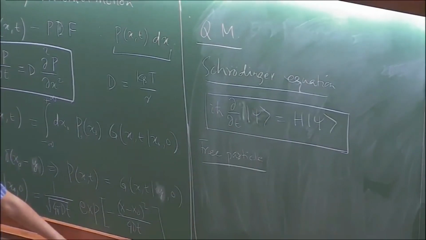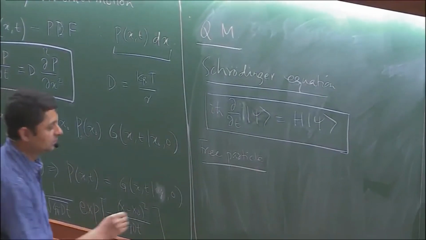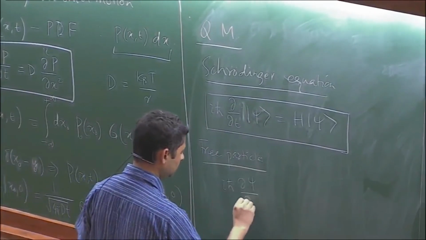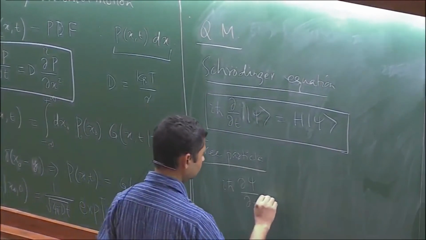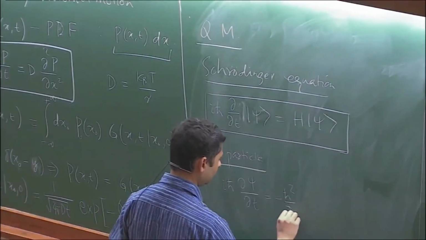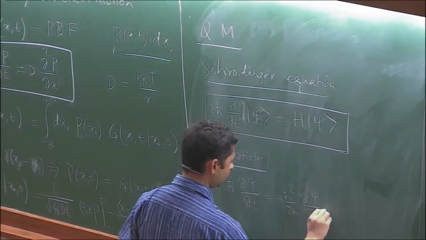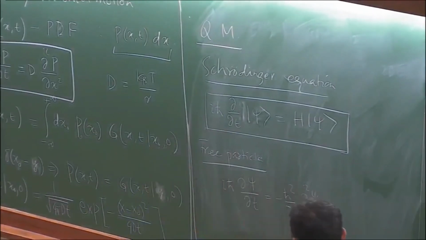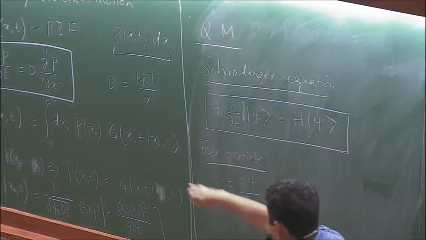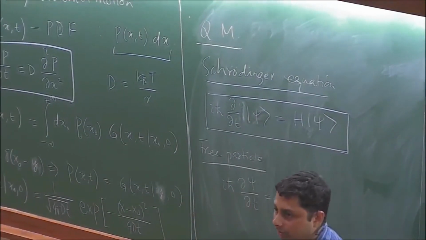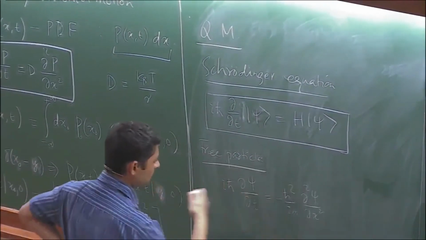So what is the equation? i h cross, and it looks more or less like that equation, but we can do even more.